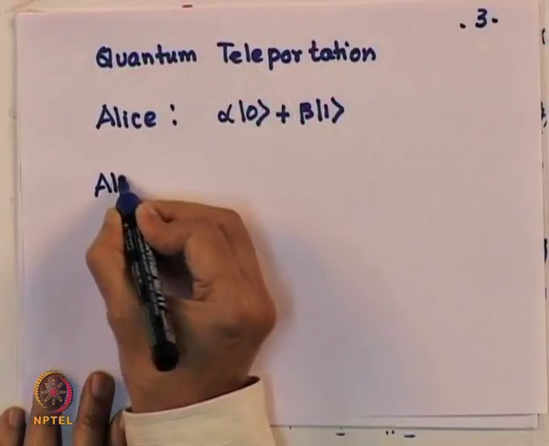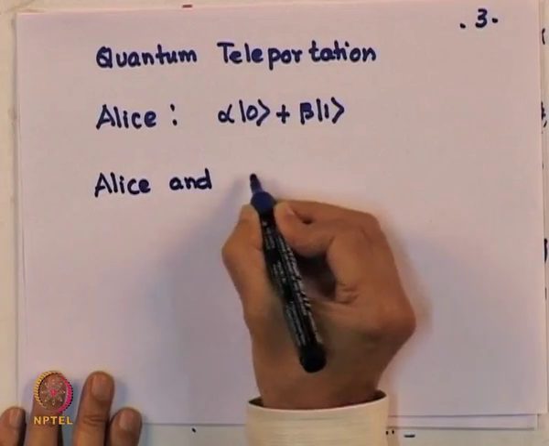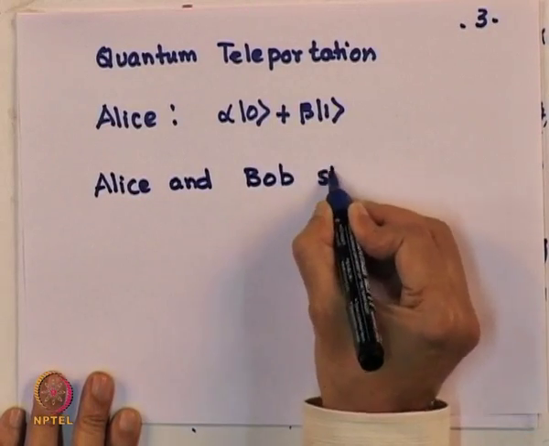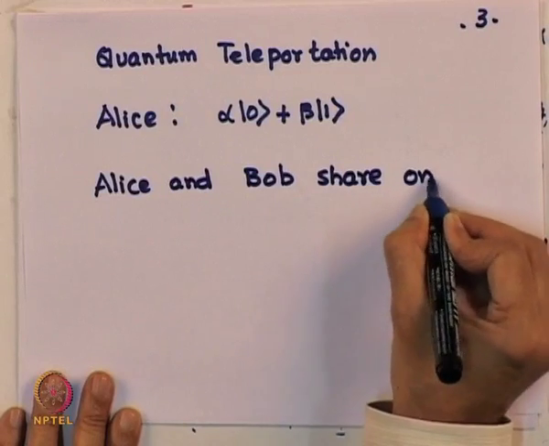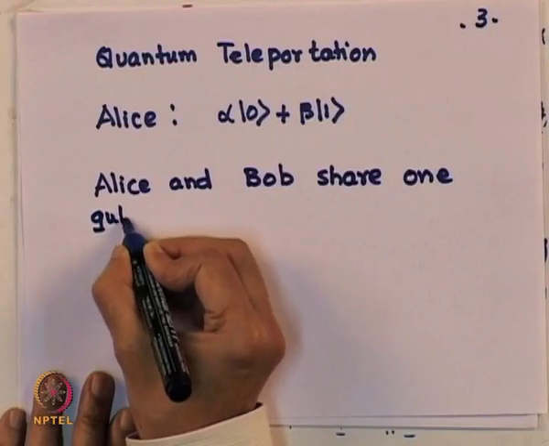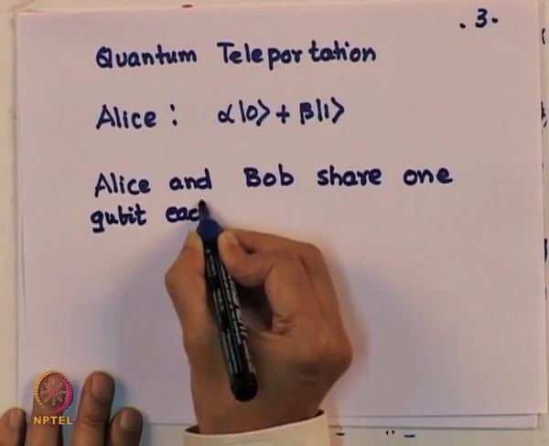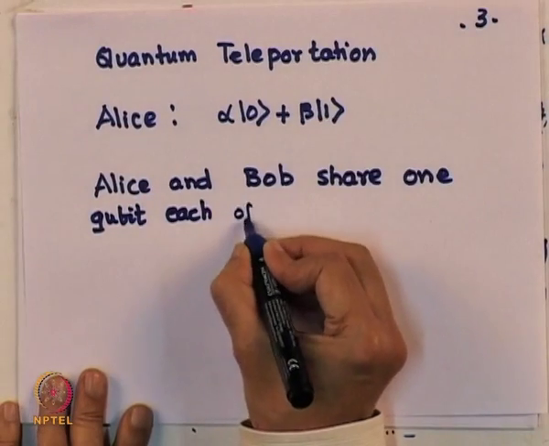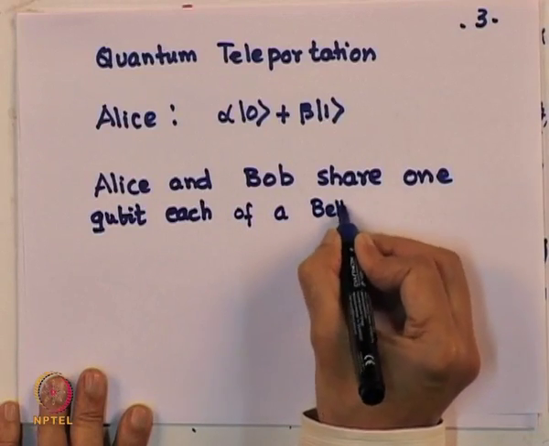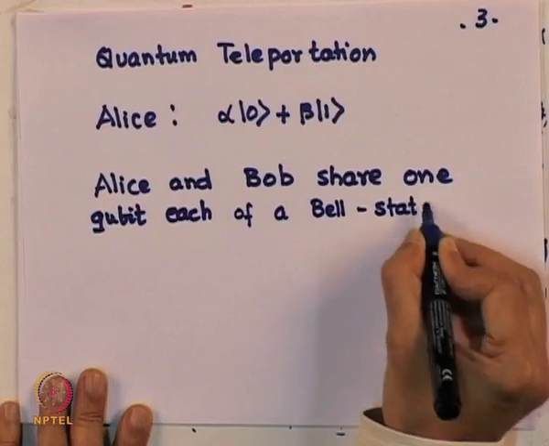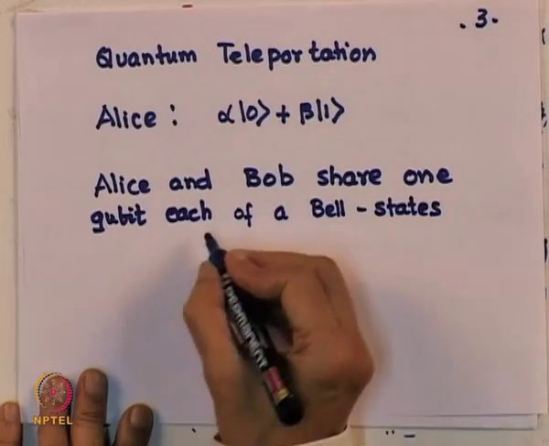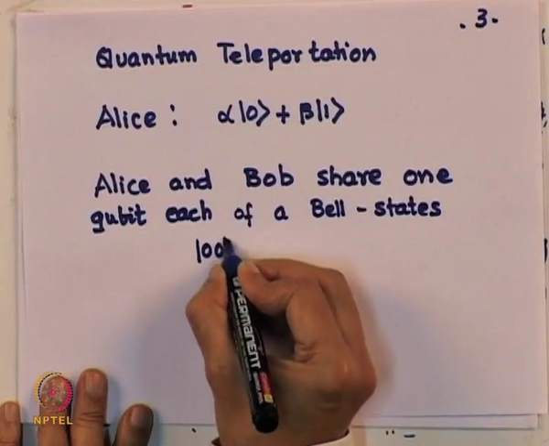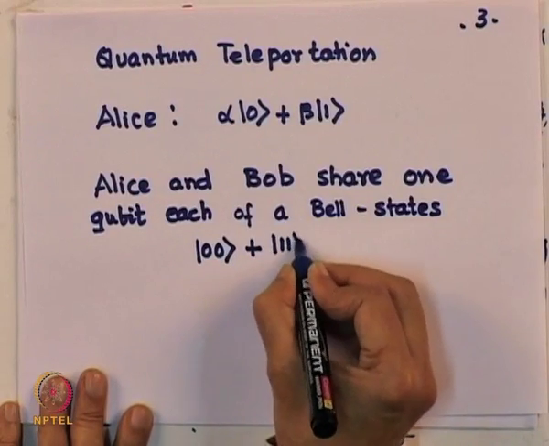Remember that we talked about the Bell basis, and let us be specific and say Alice and Bob share 1 qubit each. For convenience, I will assume Alice has the first qubit and Bob has the second qubit of a Bell state. And there are 4 Bell states. You can do teleportation with any one of them that you like. And the state that I take here for illustration purposes is 0, 0 plus 1, 1 by square root of 2.